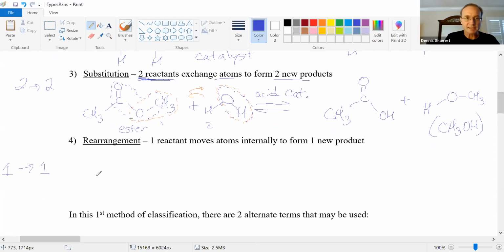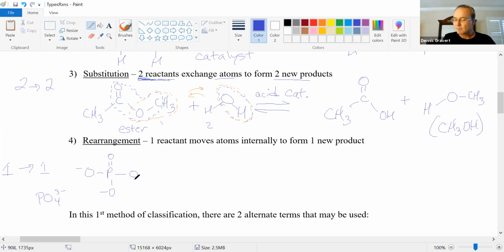So as an example, I went to biochemistry, to biology. So let's bring in a phosphate group. So you remember the polyatomic ion, phosphate, PO4 3-.